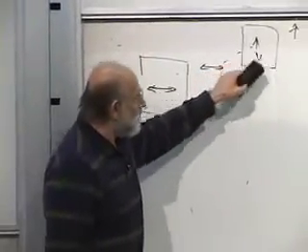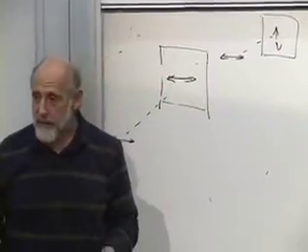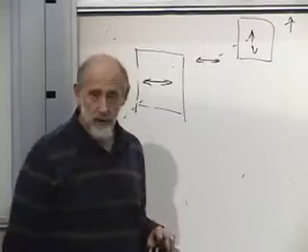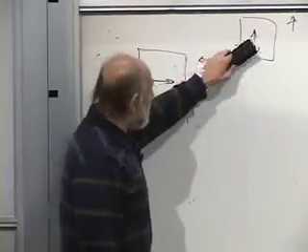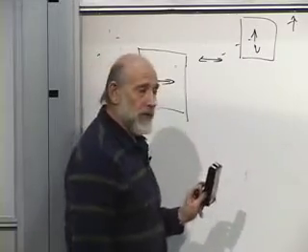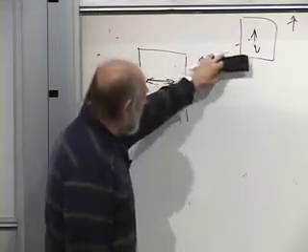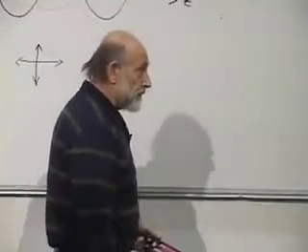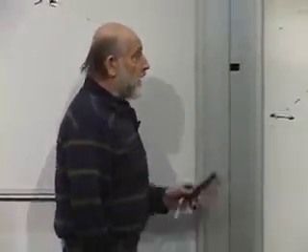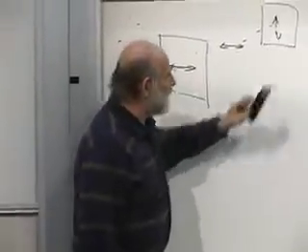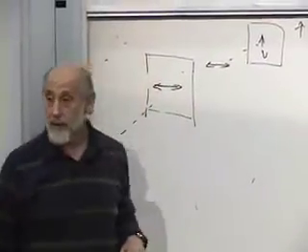So this polarizer can be thought of as an apparatus which is measuring the direction of polarization of the photon. If it makes it through this polarizer, then it has detected a vertical polarized photon. If it doesn't make it through here, it has detected a horizontally polarized photon. Okay? We can prepare photons by sending them through polarizers, and we can detect their polarization by checking what happens at the next polarizer.